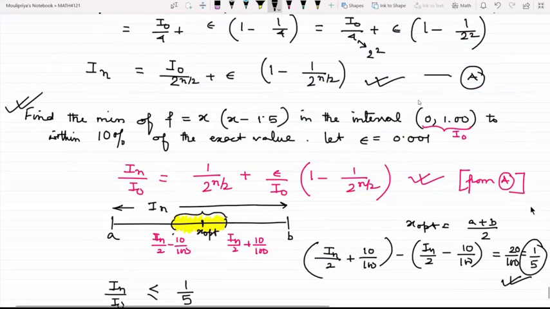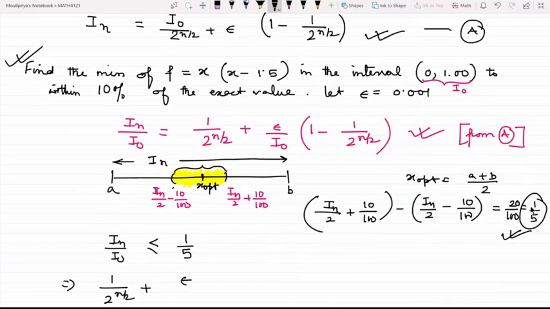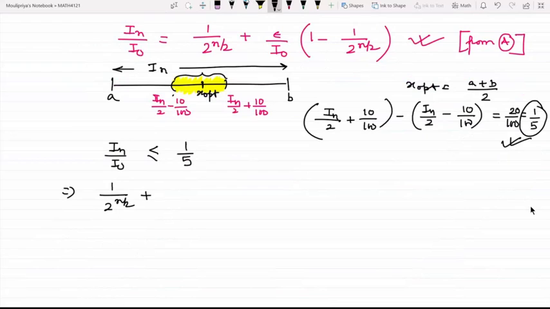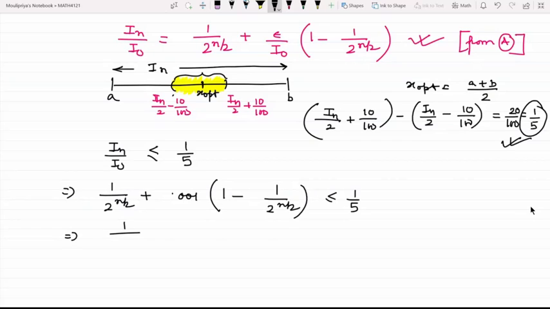Epsilon is given as 0.001. So instead of writing epsilon only, we can replace it by 0.001 times (1 minus 1 by 2 to the power of n by 2), which should be less than or equal to 1 by 5. This implies 1 by 2 to the power of n by 2 plus 1 by 1000 times (1 minus 1 by 2 to the power of n by 2) is less than or equal to 1 by 5.